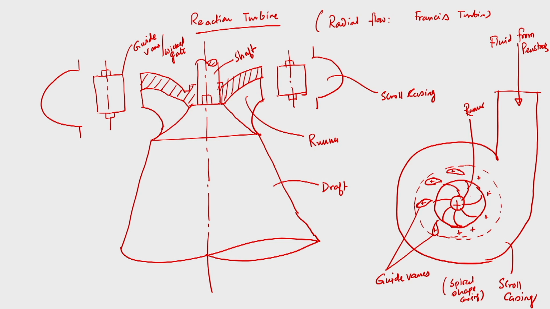That means it is not the fact that only 1 or 2 buckets will be involved for this energy conversion and from there the entire wheel will be rotating. It is not the case. Rather, whenever working fluid is coming from the penstock, it will go through the scroll casing and completely fill the entire runner passage, and there the maximum energy conversion will take place, from overall pressure head to velocity head, and we will have some kinetic energy of rotation of the runner.